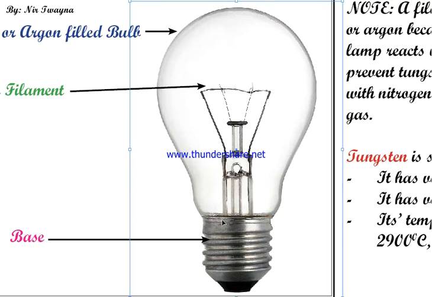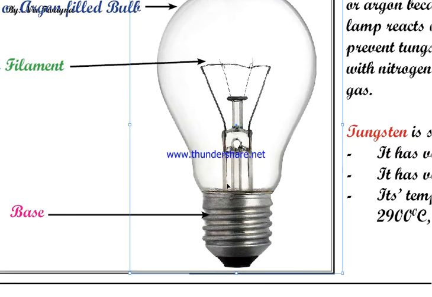Inside the bulb you can see there are two electrodes, one plus and one minus. These two electrodes are supported by this solid glass structure. One electrode is connected to the metal of the base, and another electrode is connected to the bottom.